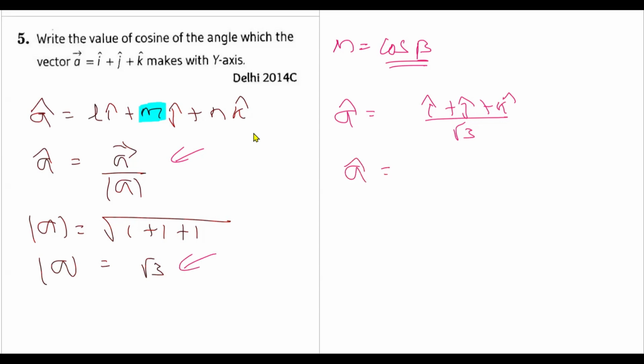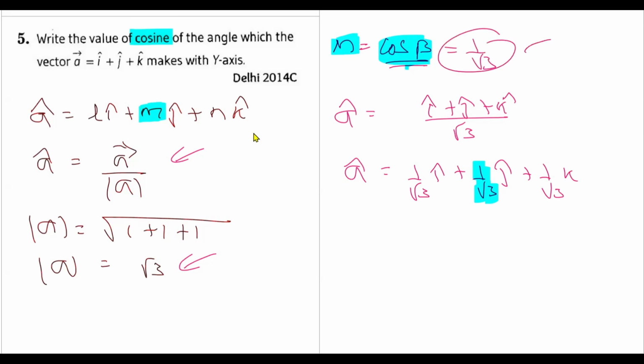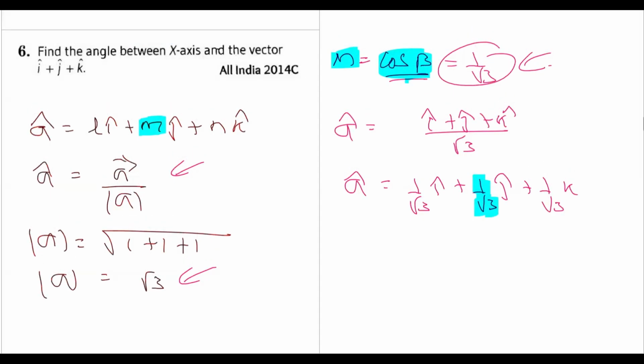So now we can write it as 1 over under root 3 I plus 1 over under root 3 J and 1 over under root 3 K cap. And what is this? This is M, and M is cos beta. So we have to find not the angle, right? Cosine of this. So cosine of this is 1 over root 3. So this is the answer in this case.